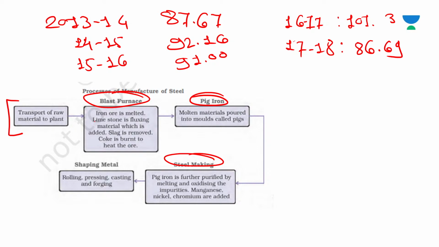Then shaping metal: rolling, pressing, casting, and forging. So this is the process of manufacture of steel.